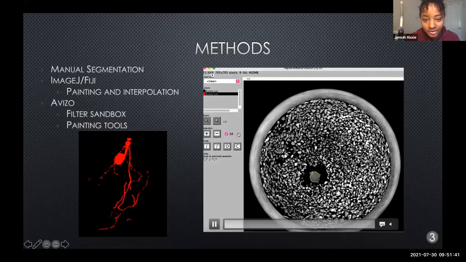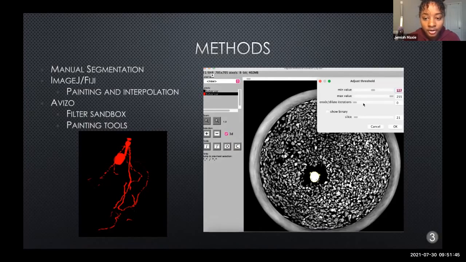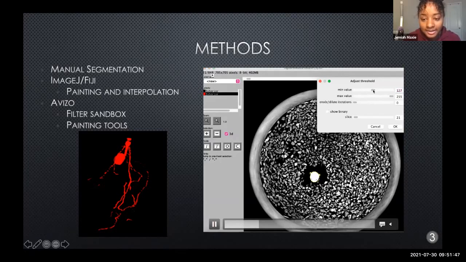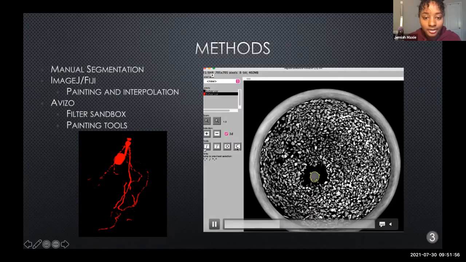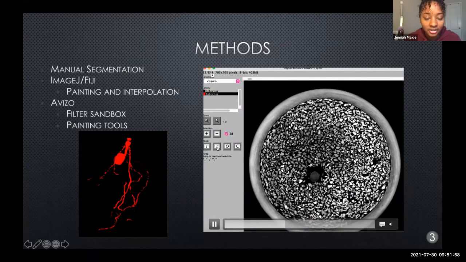Right here, you can see a short clip of me using their segmentation editor, going through the slices and outlining it, and then interpolating the data so that everything in between is highlighted. There's the interpolation function here, then thresholding, and an open and close function.